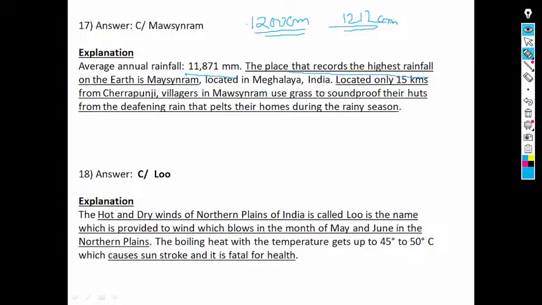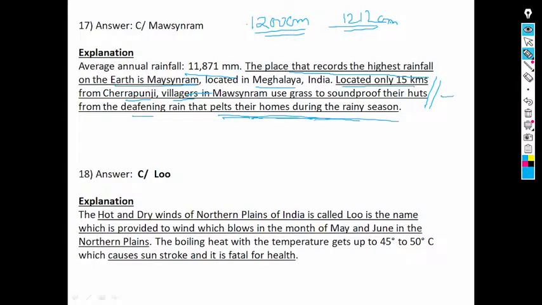The place that records the highest rainfall on earth is Maisinram, located in Meghalaya, only 15 kilometers away from Cherrapunji village. The villages use grass to roof their huts and defend against the rains that pelt their homes during the rainy season.